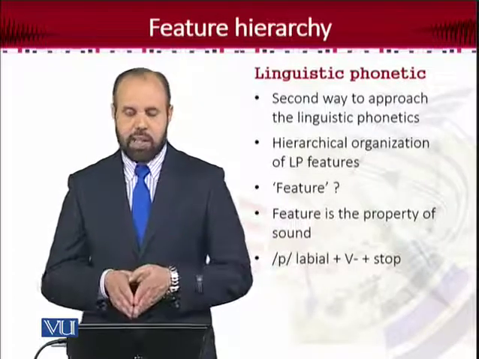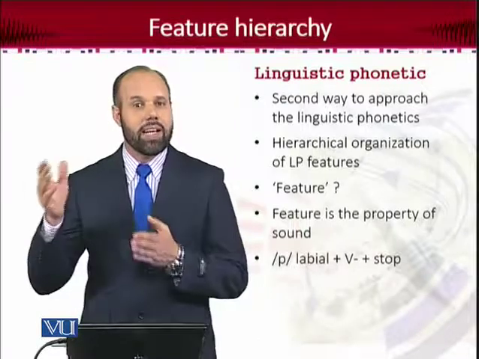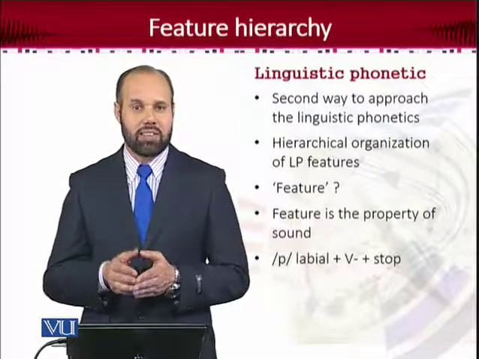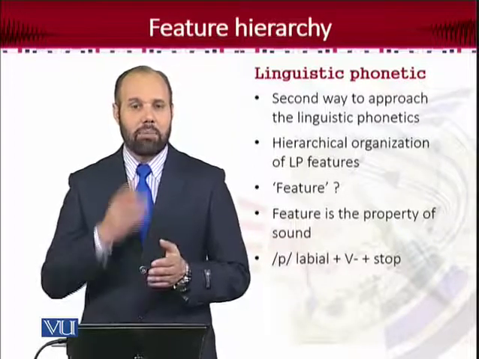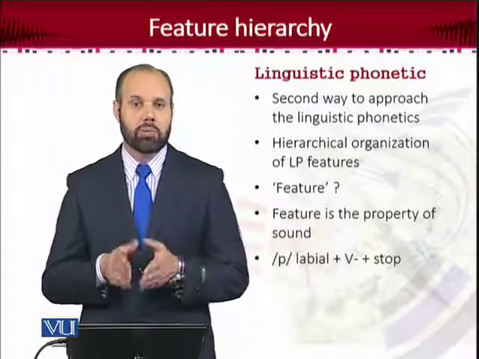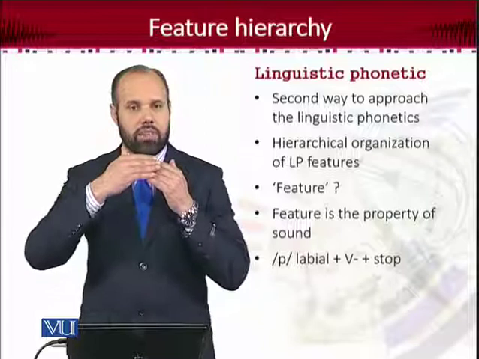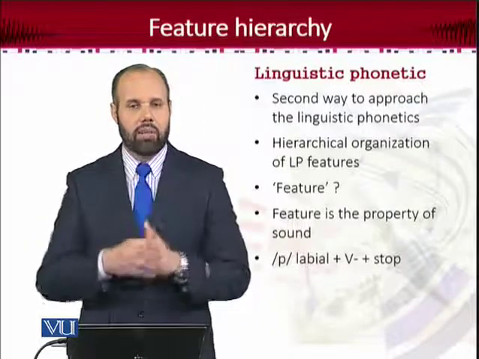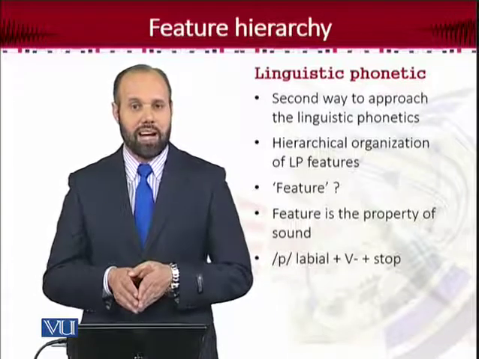For example, P is a consonant, right? So primarily it has the feature of consonantal property. Then the second is that it's labial, and more specifically bilabial, because in order to produce P, we take both our lips together, we close them, and then we produce the P sound, right?